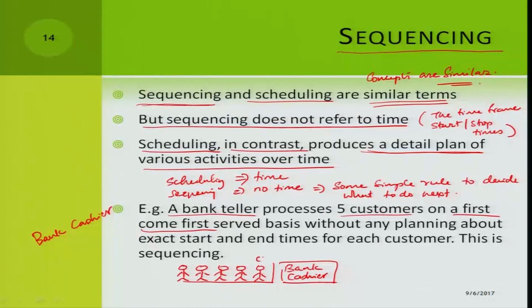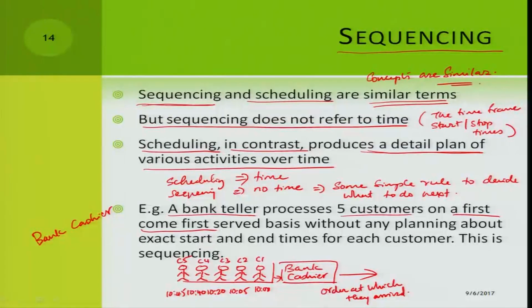So, this is customer 1, customer 2, customer 3, customer 4, customer 5. This one came at 10 a.m., this one at 10:05, then 10:20, 10:40, 10:45, something like this. And here is the cashier, who processes the customers in the order in which they arrived.